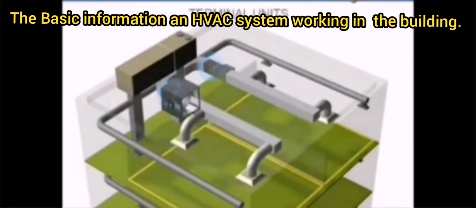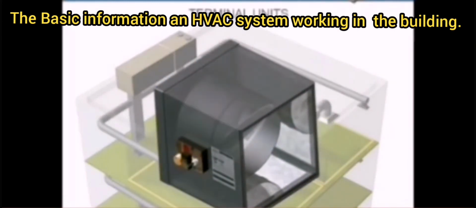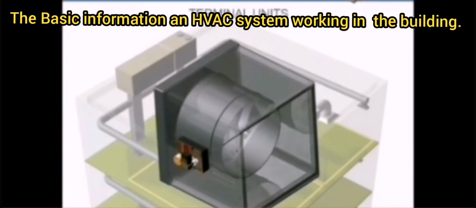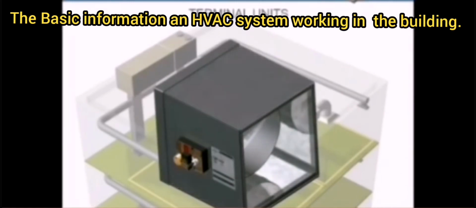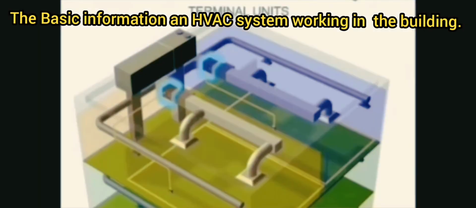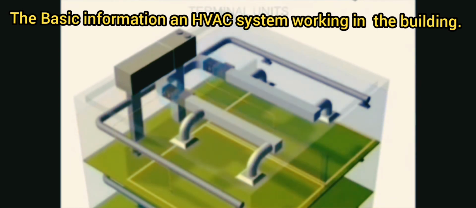A terminal unit is a device that uses an automated damper to control the amount of air which is delivered to a room or region. The damper is typically controlled by an electric, pneumatic, or digital actuator, which in turn is regulating building needs. We discuss terminal units in greater detail in the forthcoming terminal units section.